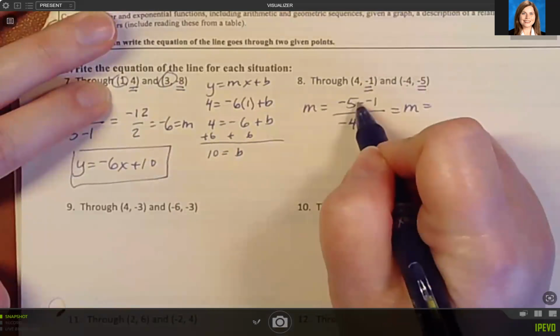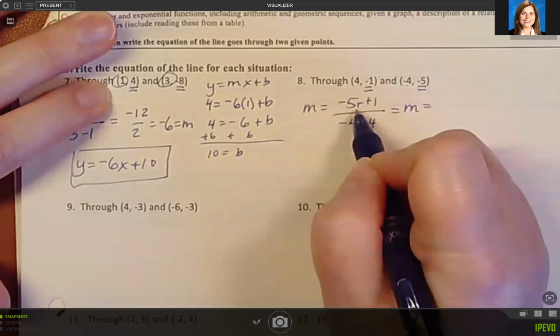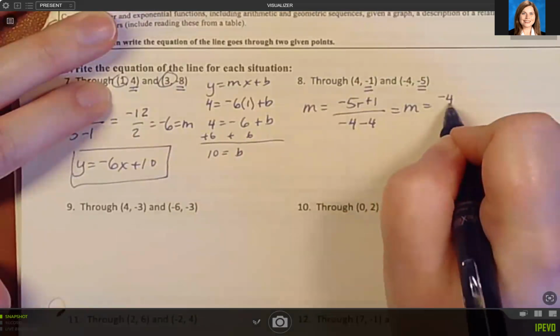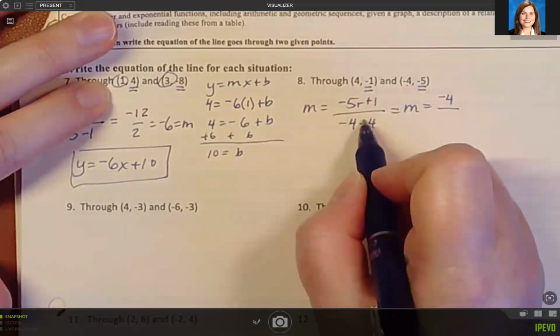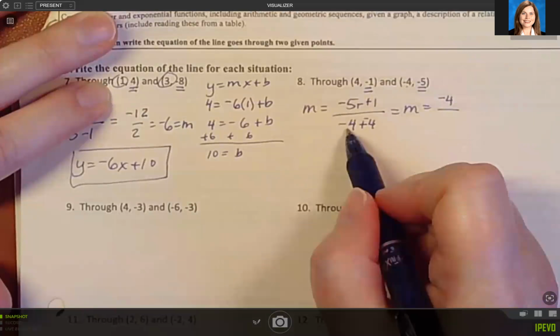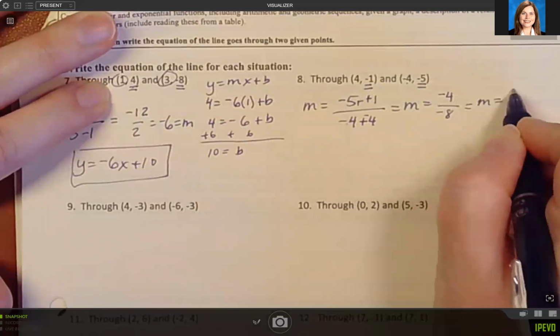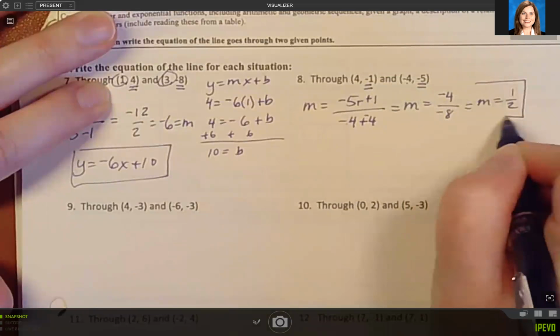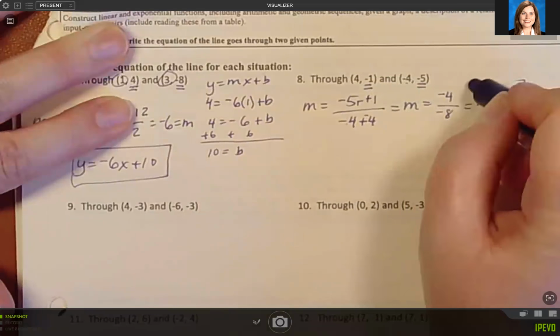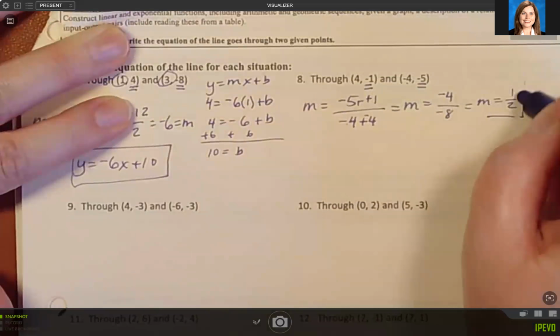Never subtract, add the opposite. So we have -5 plus 1, which is -4, over, never subtract, add the opposite, -4 plus -4 is -8. So this simplifies to a positive because a negative divided by a negative is a positive 1/2. So our slope is positive 1/2.